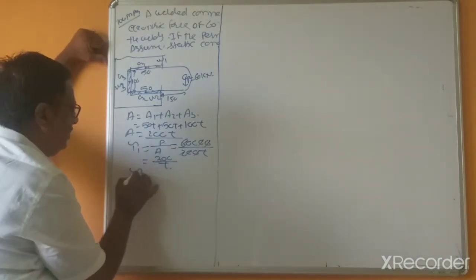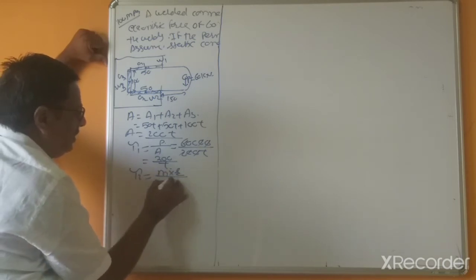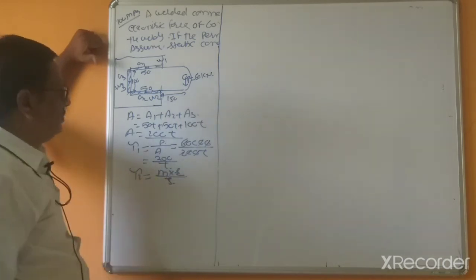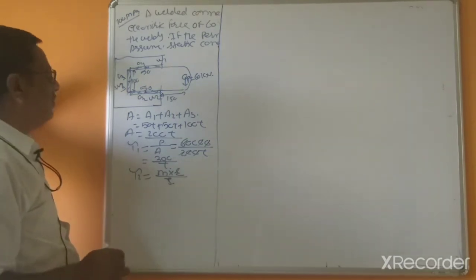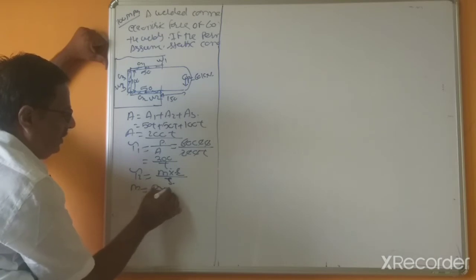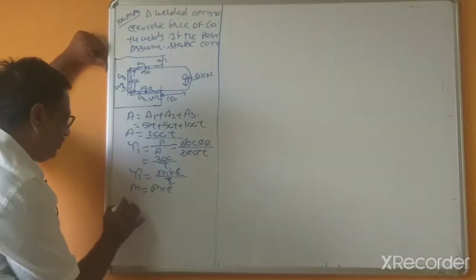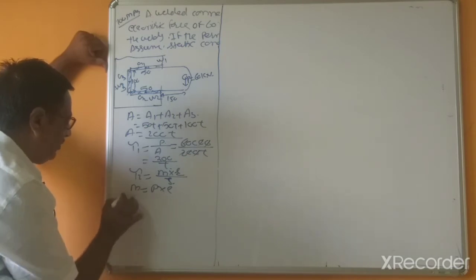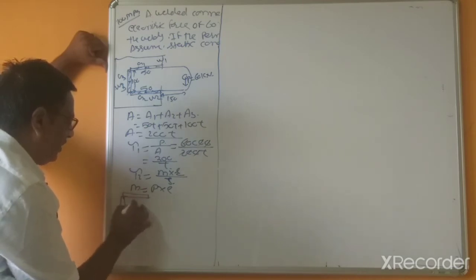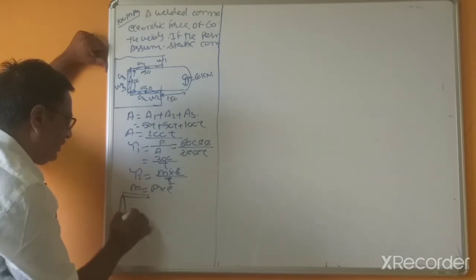Now this tau2 equals M into R divided by J. So for M, we have to calculate M equal to P into E. E we still don't know. That's why first we will calculate the center of gravity of this weld, the position of the center of gravity.